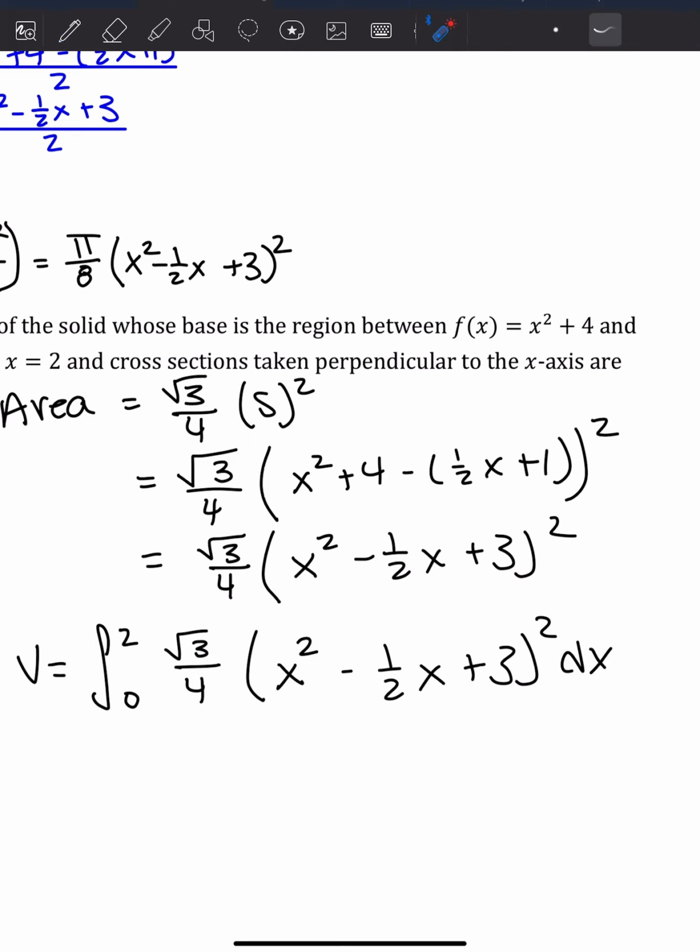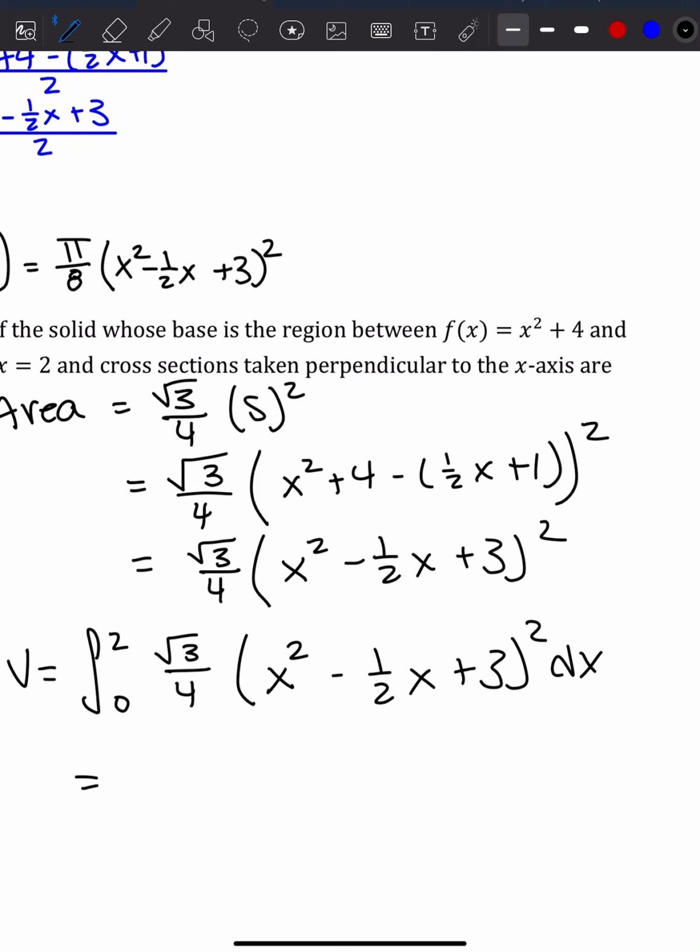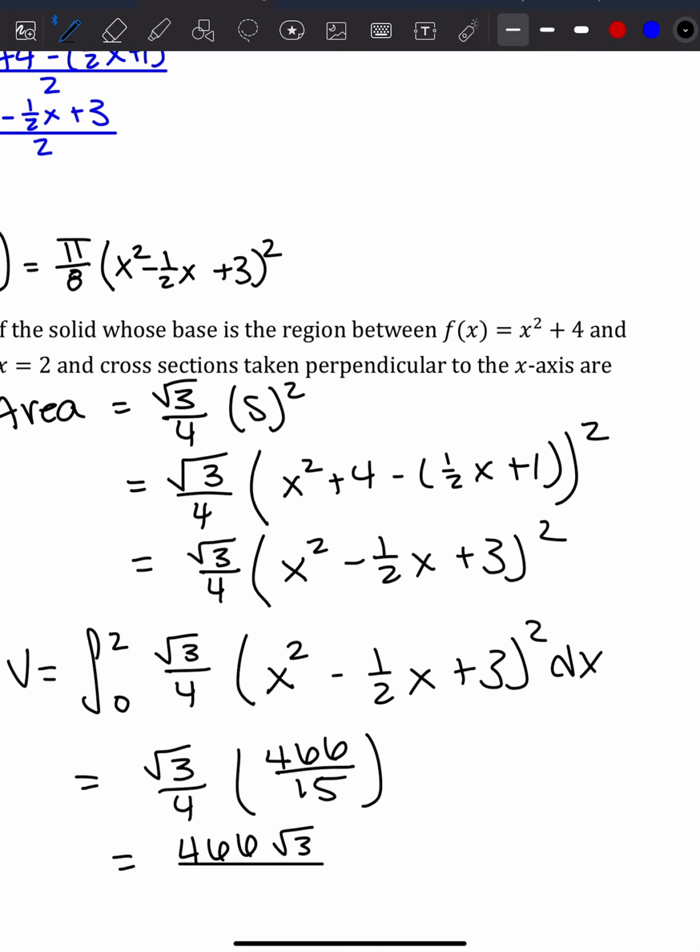So we're multiplying this thing again, something squared, that thing squared, times the square root of 3 over 4. So we don't have to do a lot of work once we know what that is. It's just the square root of 3 over 4 times that same 466 over 15. This is going to give us 466 times the square root of 3 over 60.